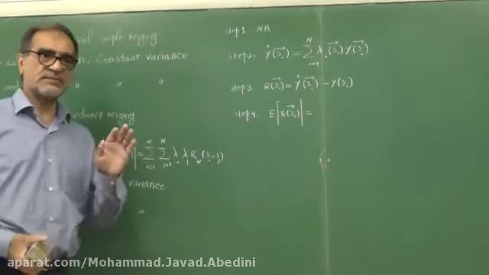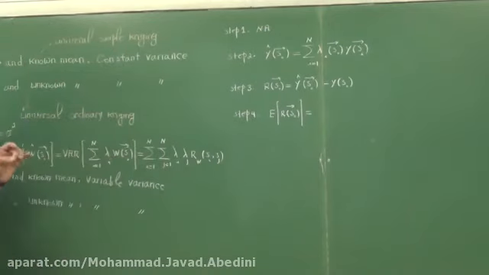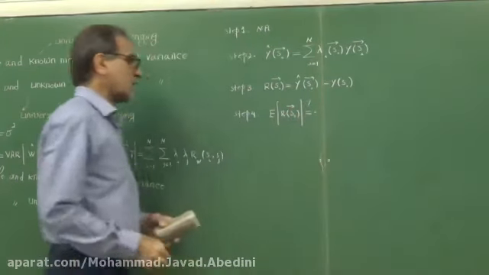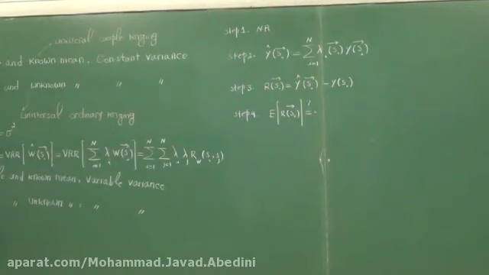Please pay attention. When you want to impose the unbiasedness condition on your residual, you have to interpret this unknown here. What do we mean by this unknown here?